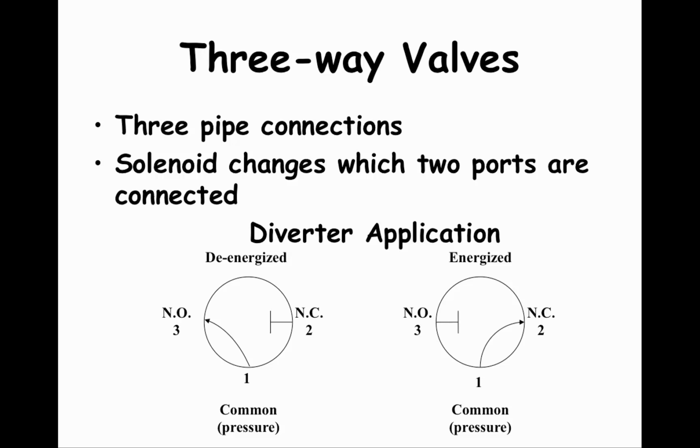In the energized state, port 1 is connected to port 2 and port 3 is closed. This layout is called the diverter application because port 1 has the highest pressure and flow goes from port 1 to either port 2 or port 3. The next slide will show what is called the selector application.